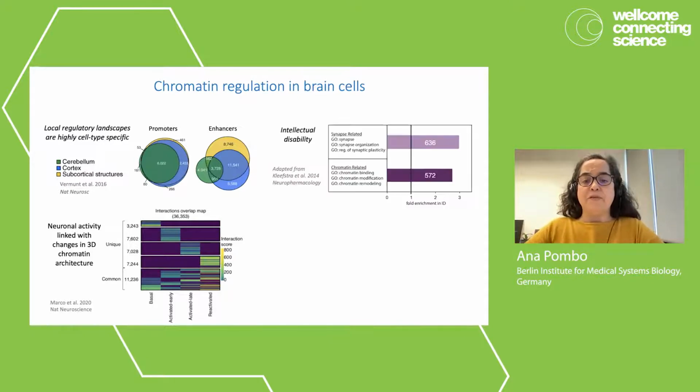And in the context of disease, for example, if we take genes associated with intellectual disability, we have almost as many genes that are chromatin regulators involved in controlling chromatin binding, modification or remodeling, as, for example, genes involved in synapse organization and regulation of synaptic activity.